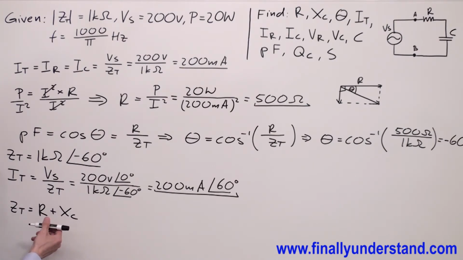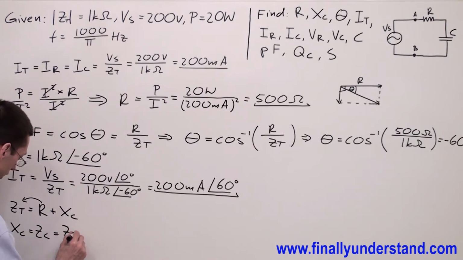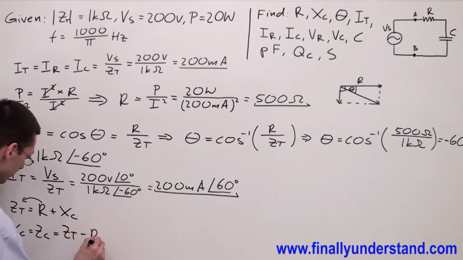Simply, we move R to the left side, and we are going to end up with the formula X of C, or Z of C, because some books use X of C, some books use Z of C, equals, in this case, Z total minus R.